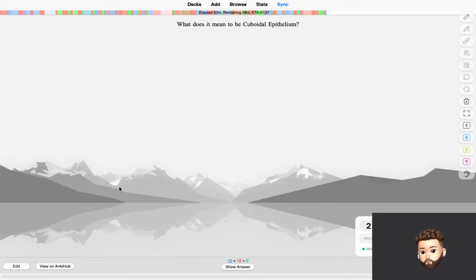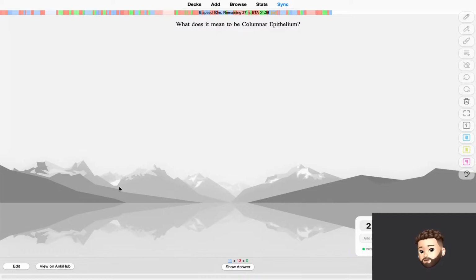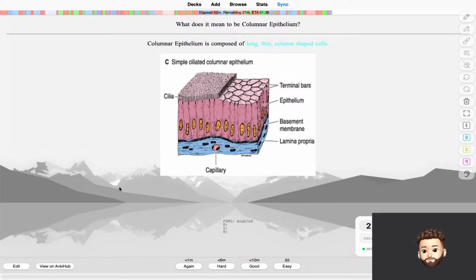What does it mean to be cuboidal epithelium? They're not shaped like squares, but they're shaped like cubes. Oh wow, I was right. What does it mean to be columnar? They're really long, thin, column-shaped cells.